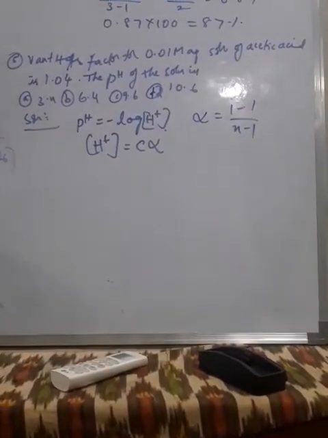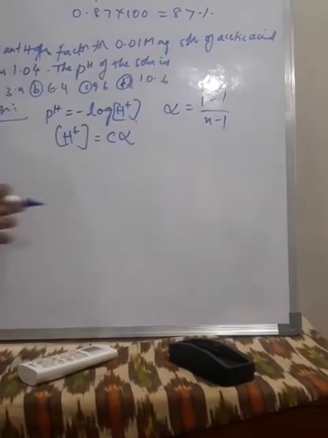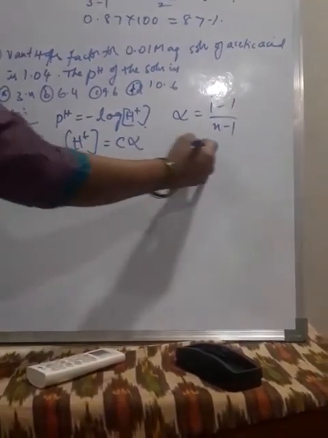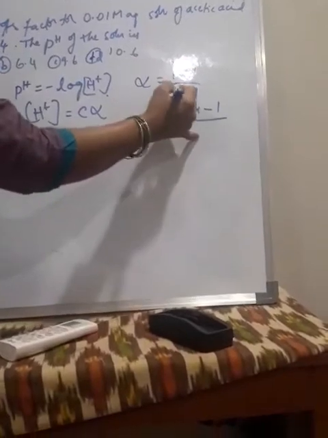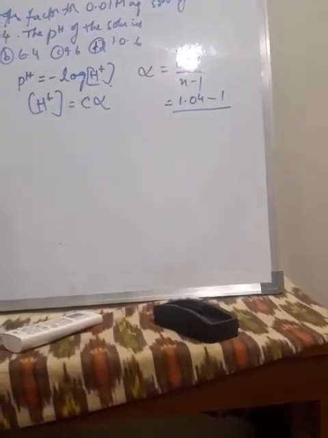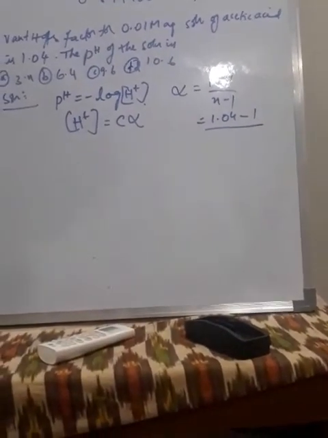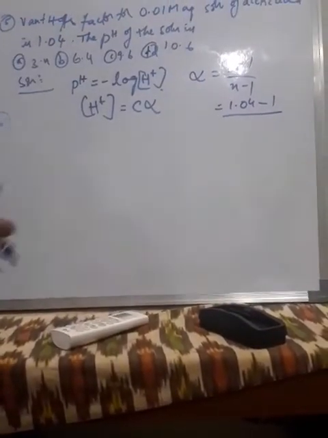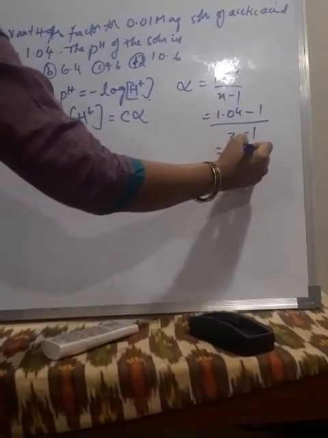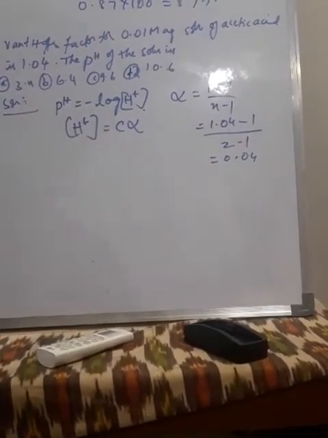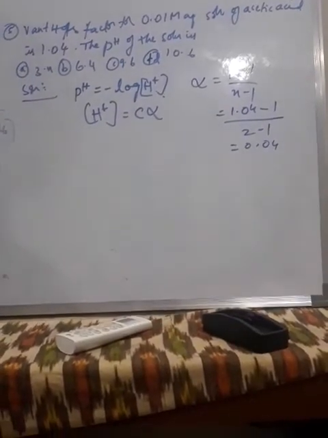So what is i here? 1.04. So 1.04 minus 1 by n. n is number of ions. Acetic acid, CH3COOH, on dissociation gives acetate ions and H+ ions. So 2 minus 1. So alpha is equal to 0.04.